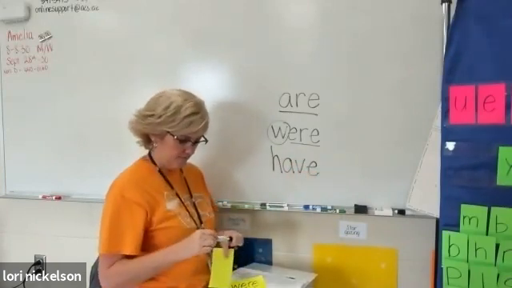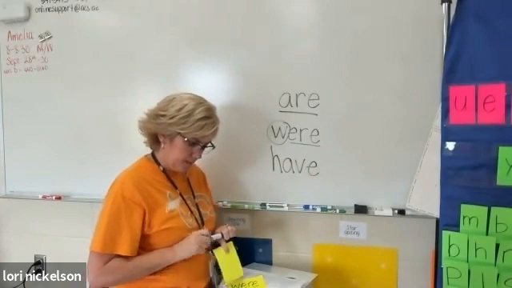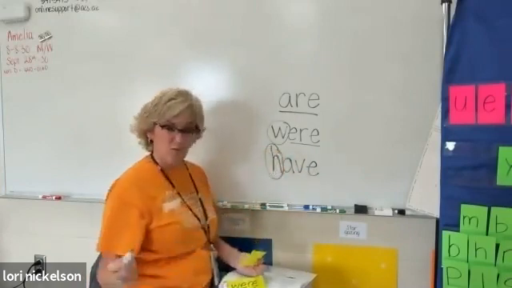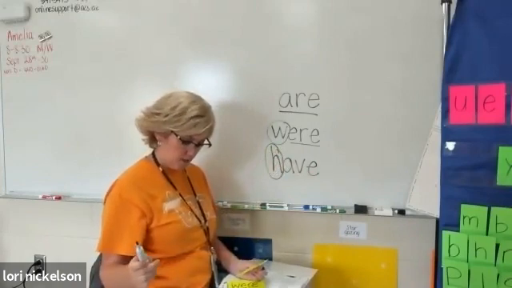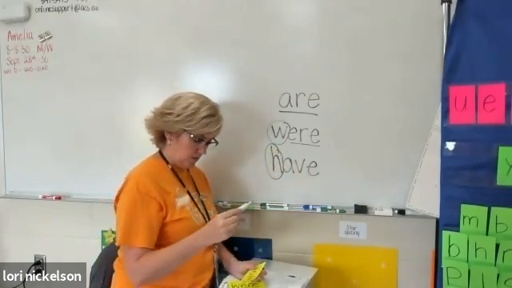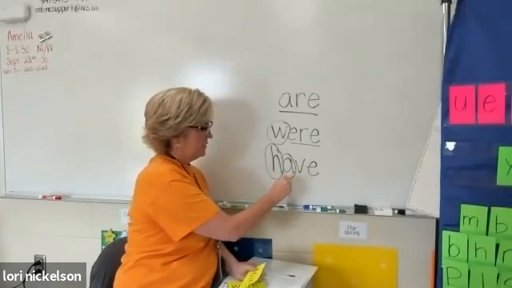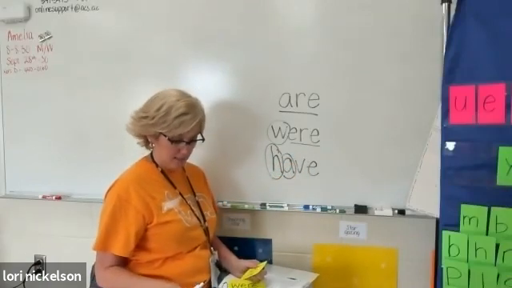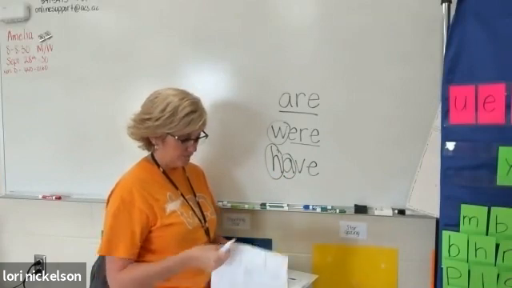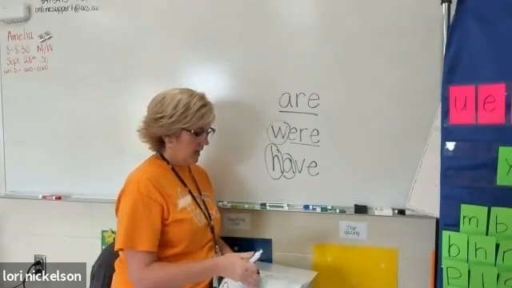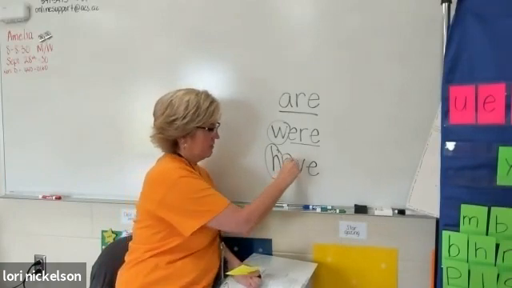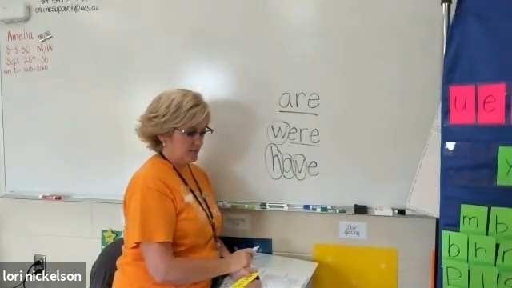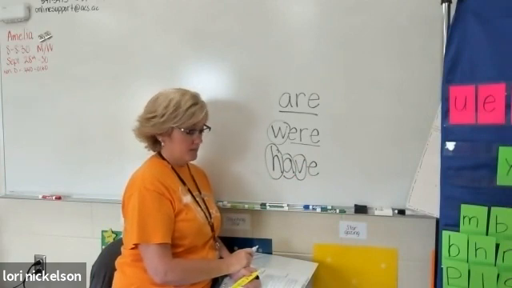Okay, have. All right. And I'm going to circle this H because that's a sound we would normally hear, the H. And I'm going to circle the letter A because that is pronounced A as we would probably expect also. I'm going to circle the letter V because it's pronounced as V, as you'd probably expect.